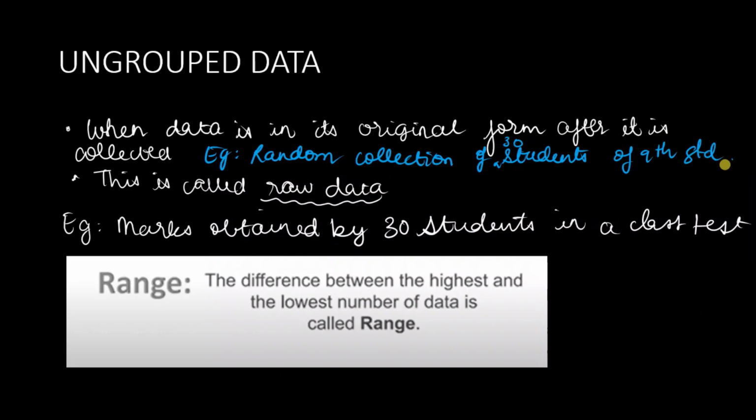When I present this data as it is, we call this raw data as well. Raw data meaning it is in its original form, there is no change in it, right? So this is called raw data or ungrouped data.